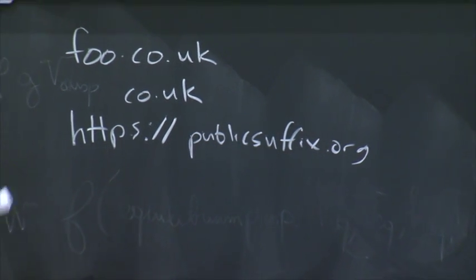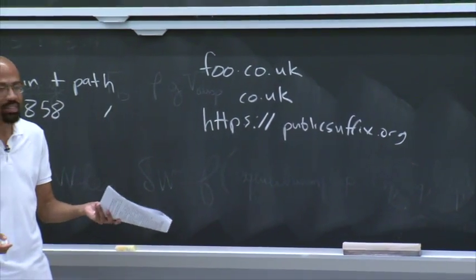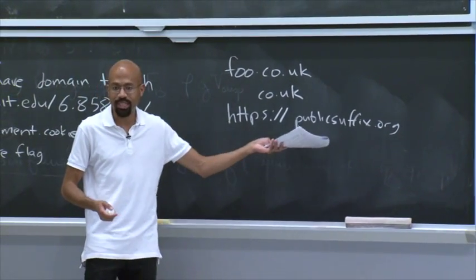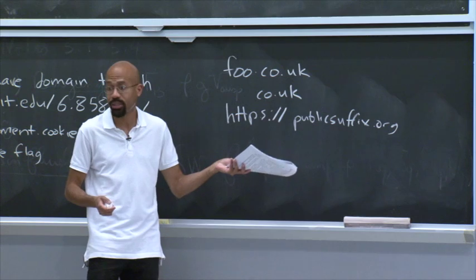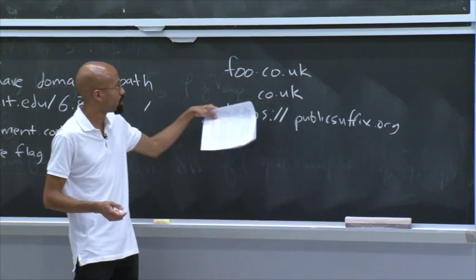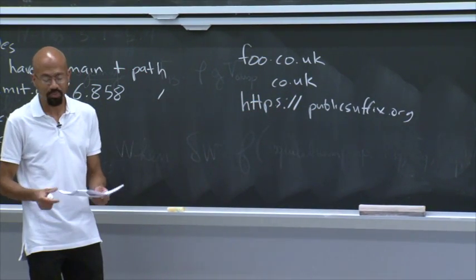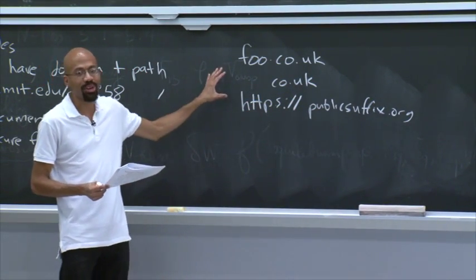And so when your browser is figuring out how it should do all these various cookie manipulations, it's going to consult this site, or have this baked in somehow, to make sure that foo.co.uk can't just shorten its domain to co.uk and then perform some chicanery. So once again, this is very subtle.